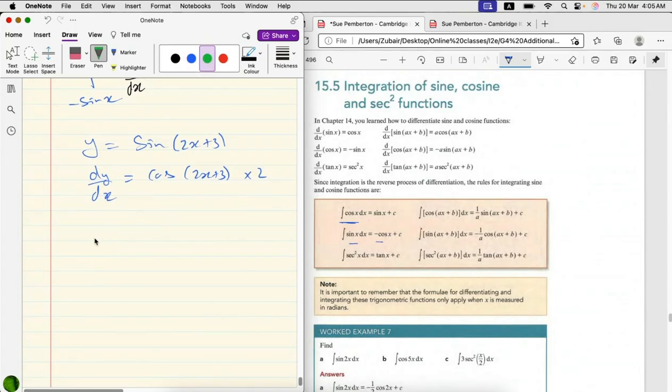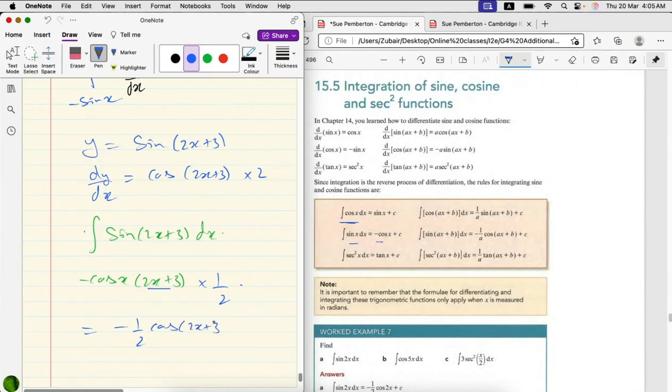Now, what is the case if we are having sine 2x plus 3? First we integrate it, and integration of sine is minus cos. And whatever is inside, we differentiate that and divide with it. Minus 1 by 2 cos of 2x plus 3. The reverse process.